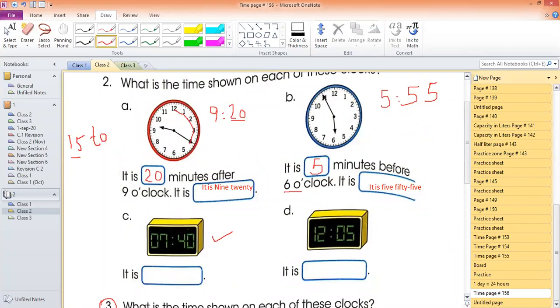Very good, Adam. Muhammad Al Harbi, incomplete answer. Ahmad Yusuf, you don't need to write in numbers. You have to write in words. Very good, Muhammad Al Harbi.